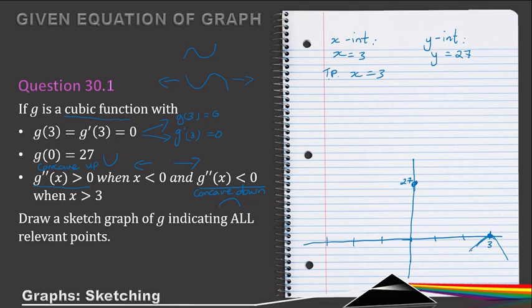We actually don't have much information about the other turning point at -3. We just know that the graph is going through there.